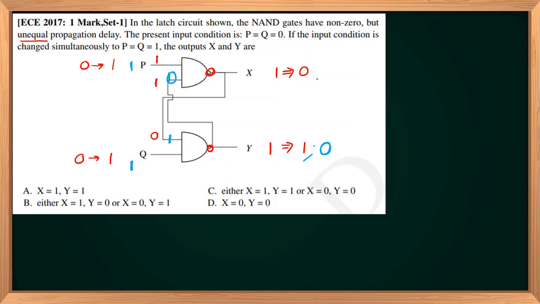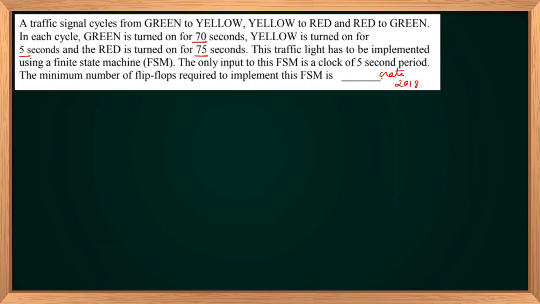So depending on the propagation delay of the individual gates, X can be 0, Y can be 1, or X can be 1, Y can be 0. So either X equal to 1, Y equal to 0, or X equal to 0, Y equal to 1. So the second option is the right choice. This question appeared for GATE 2018.